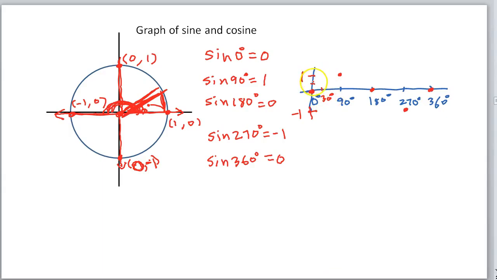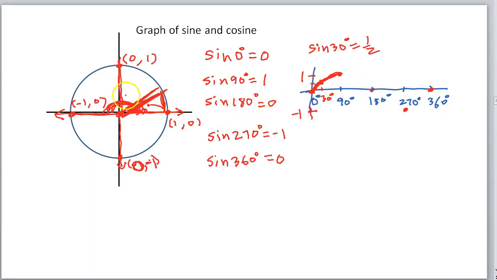So it's like halfway between 1 and 0. So it's right here. Okay. So if I connect these 3 points, so let's write down sine 30 degrees is 1/2. This is something that we figured out last time, not from the unit circle. Okay, so it should be doing this. It's curved that way. Okay.